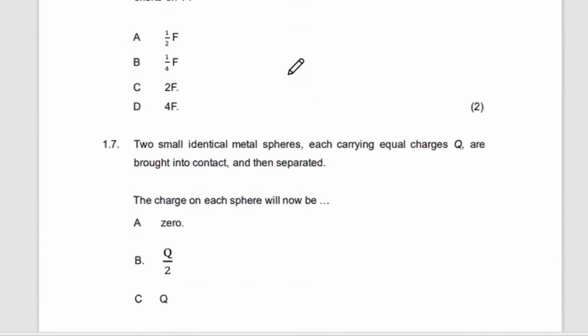Initially this is our acceleration, F over m. Now, if the mass is changed to 4m, it's going to be F over 4m. But now we have something extra, which is the 1 over 4. So we're going to have B as the correct option there.